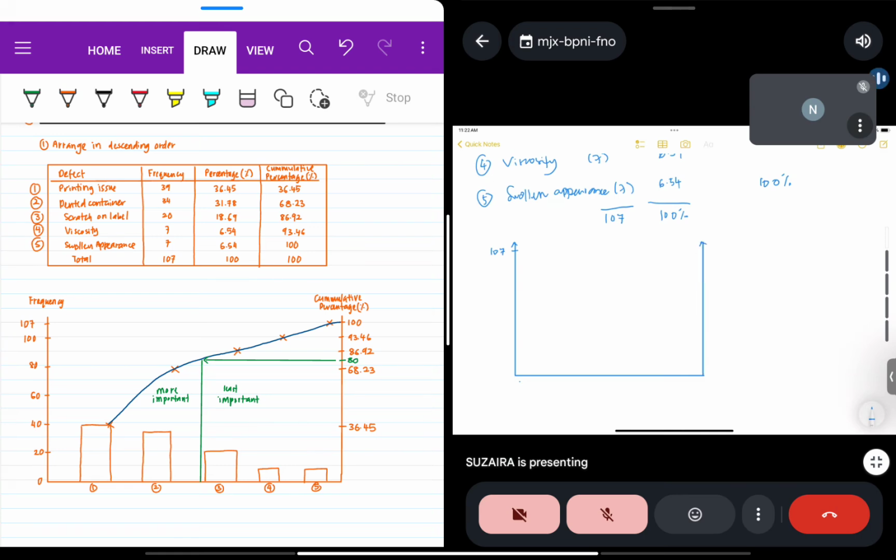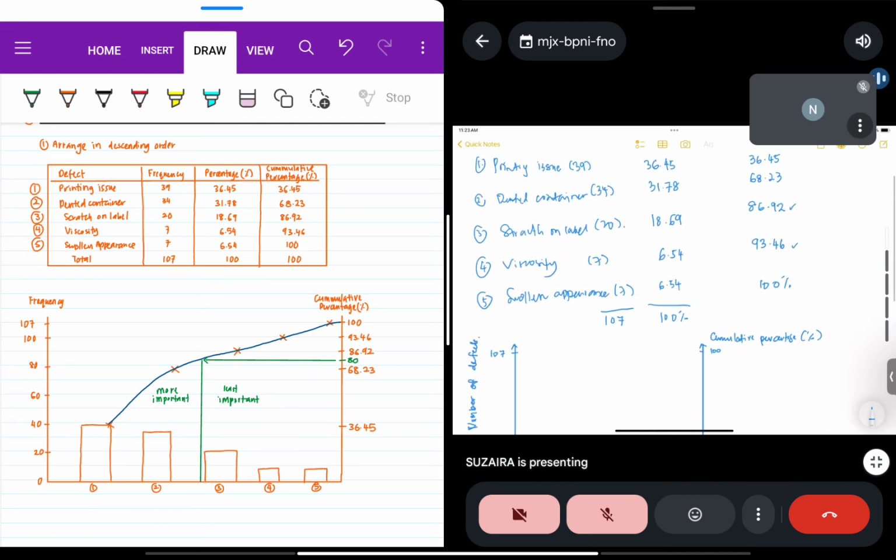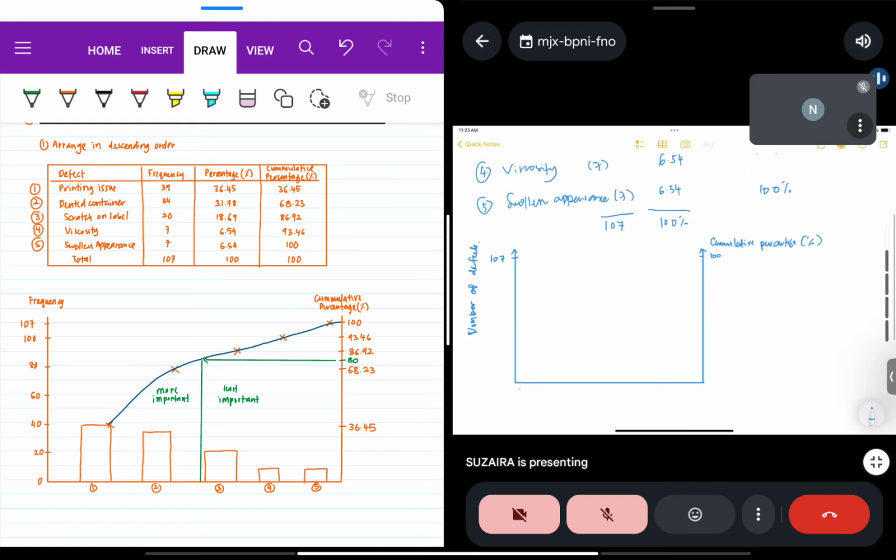Must be more or less equal with 100%. So this one is the cumulative percentage, and here is the number of defect. Number of defect. Okay, because we already arranged accordingly, number one is the printing issue. Printing issue 39. So you just do more or less, yeah.